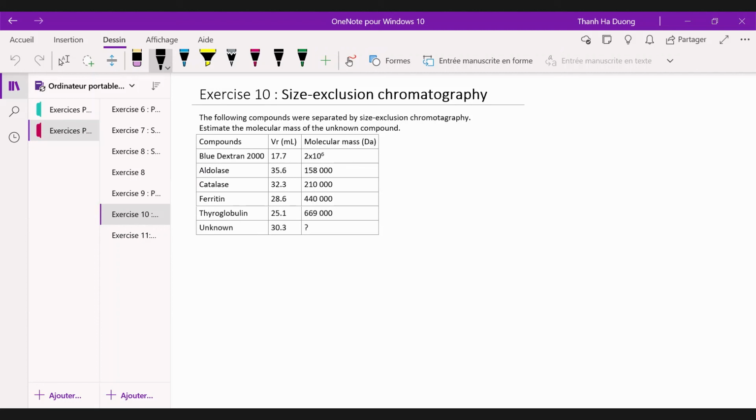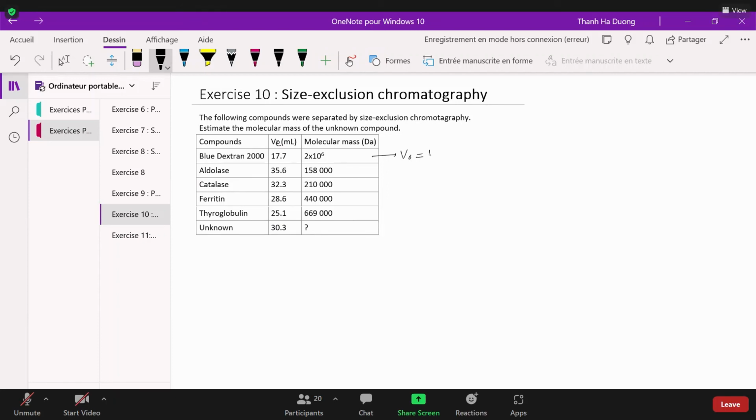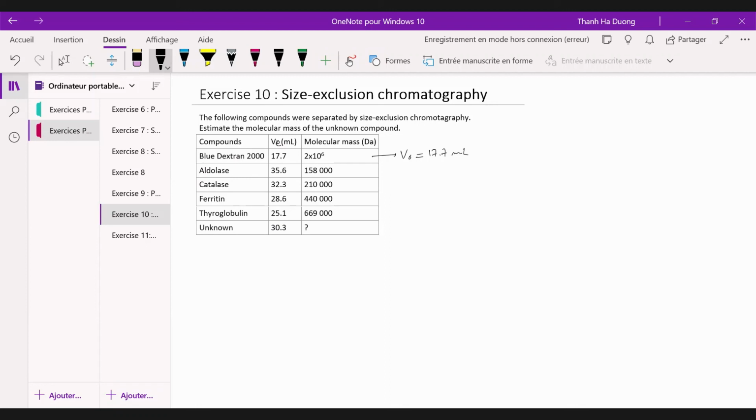The blue dextran is a very large protein, so the void volume corresponds to 7.7 milliliters.